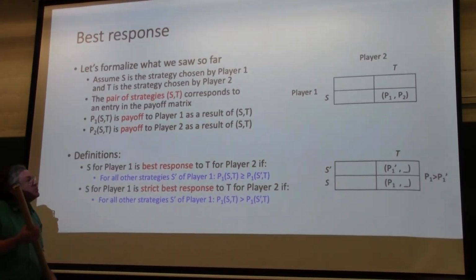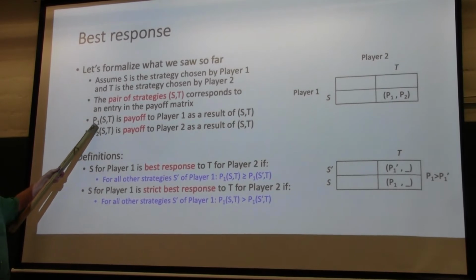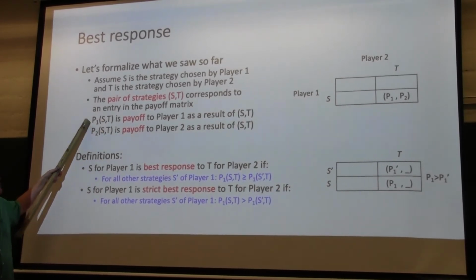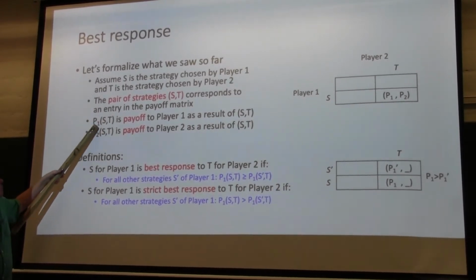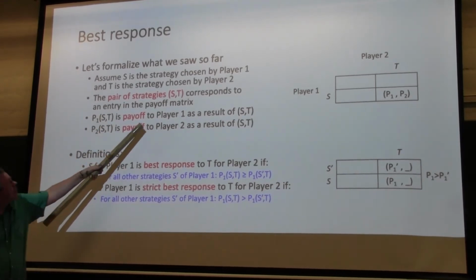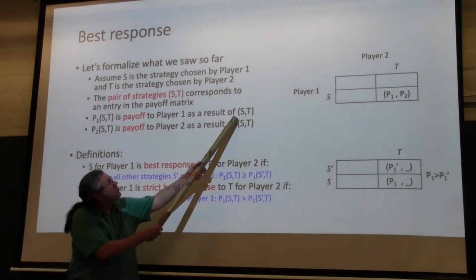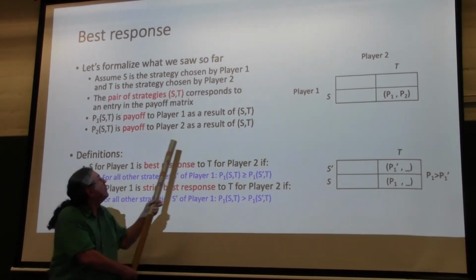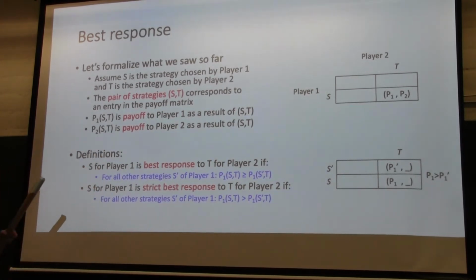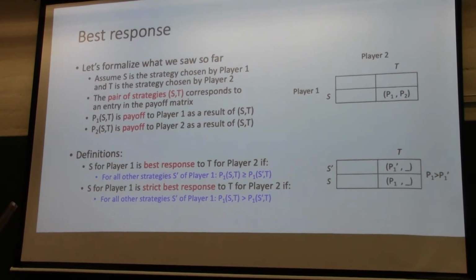It turns out P1 is a function of S and T, yeah? If you consider this number a function of the two moves, it's the payoff to player 1 as a result of S, T. So that S, T is actually the moves by both players, huh? And P2 is the payoff to player 2 from S, T. Okay?